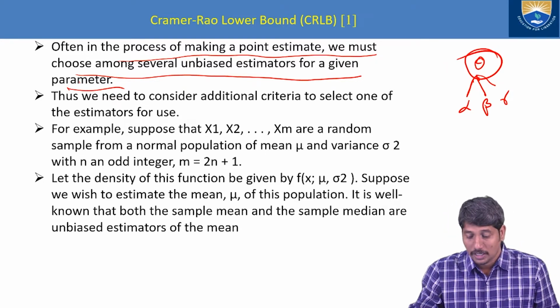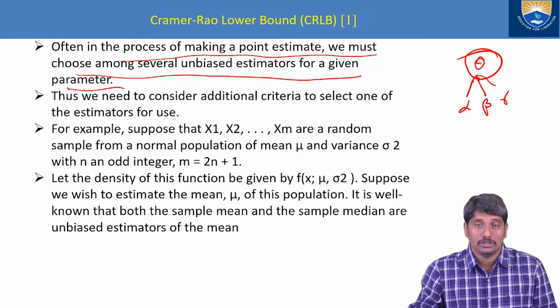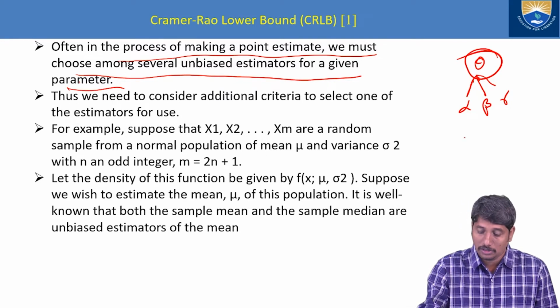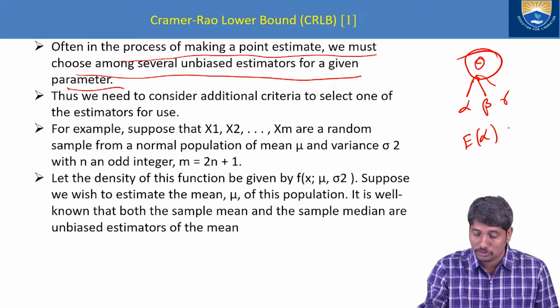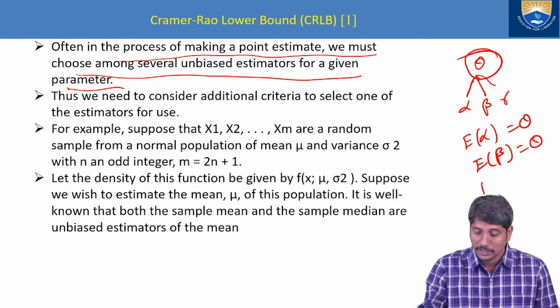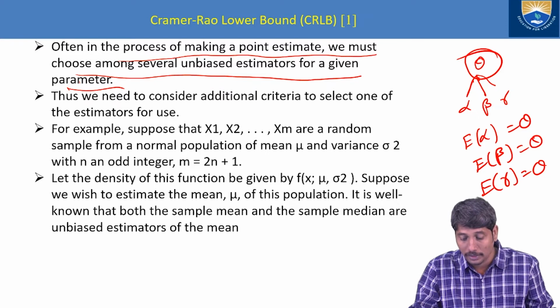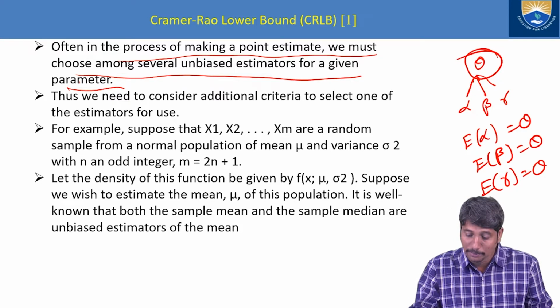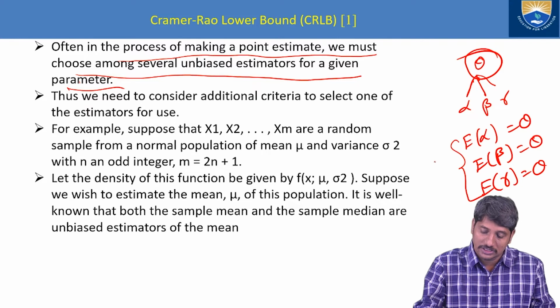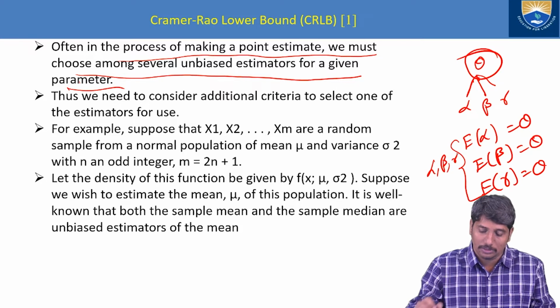We have to pick the better or good estimator of theta. So expectation of alpha is equal to theta, expectation of beta is equal to theta, expectation of gamma is equal to theta. So here arises the challenge, and we must be able to pick the best one among these three, that is alpha, beta and gamma.